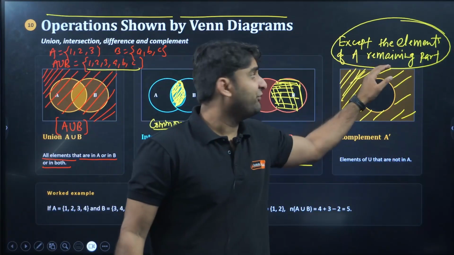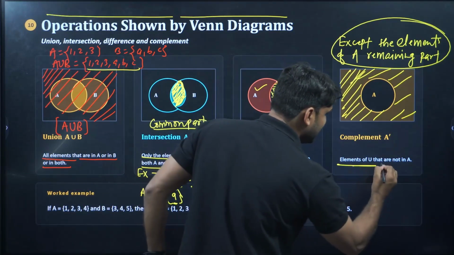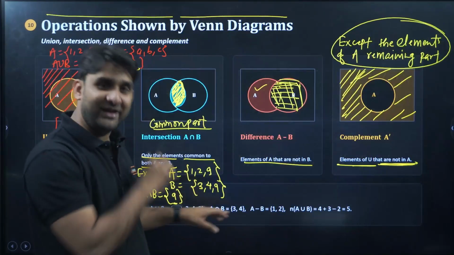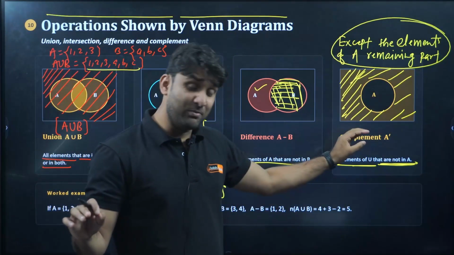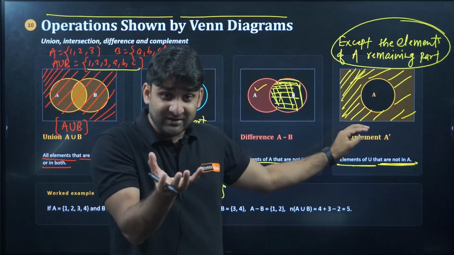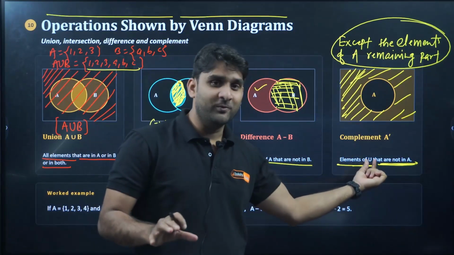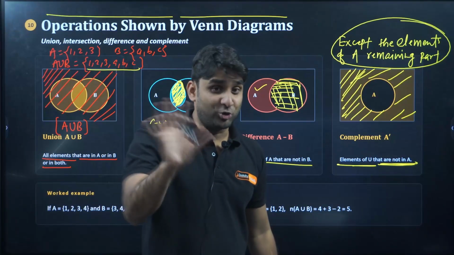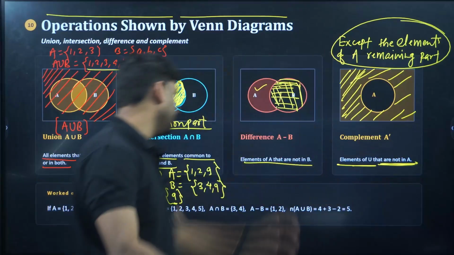Except the elements of A, the remaining part will be considered. So it is the elements of U that are not in A, so only B's part will be there and A will be removed. A element should not be there in the universal set, so all the elements of A will be removed. This is called complement of A.